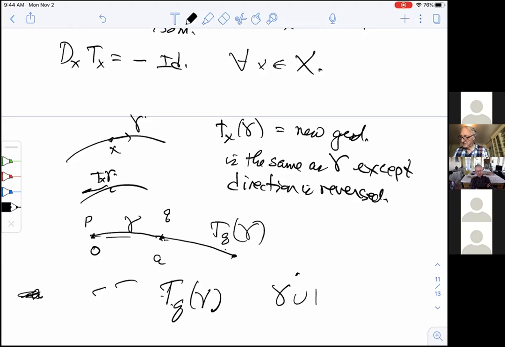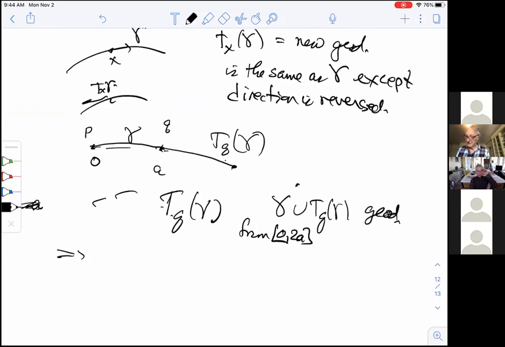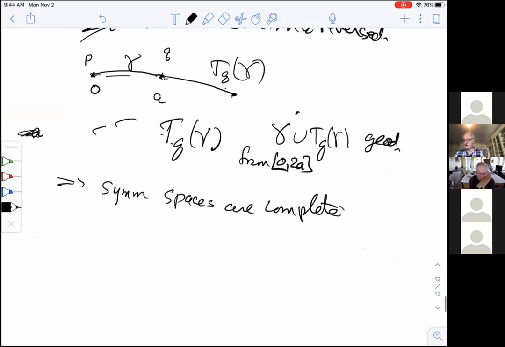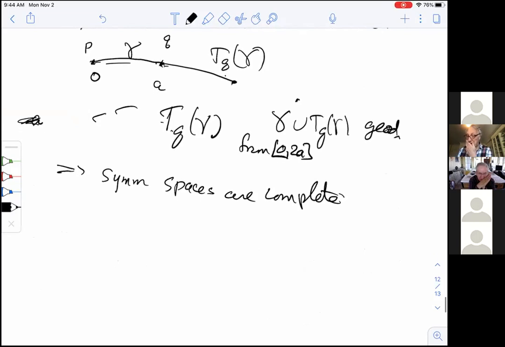So gamma union T_Q of gamma is a geodesic defined on 0 to 2a. So that implies symmetric spaces are complete. If you have a geodesic, you can always extend it by an arbitrary amount. You just keep doing this to make it as long as you want. So geodesics extend forever. So symmetric spaces are complete.